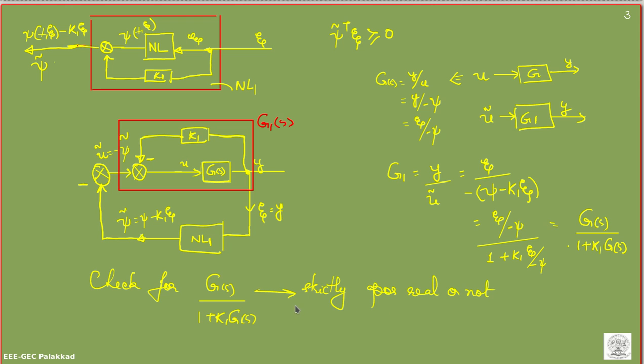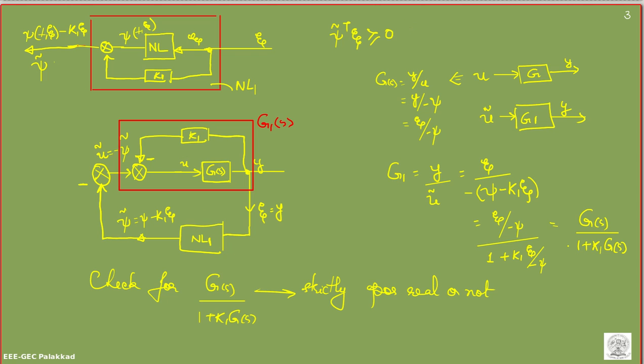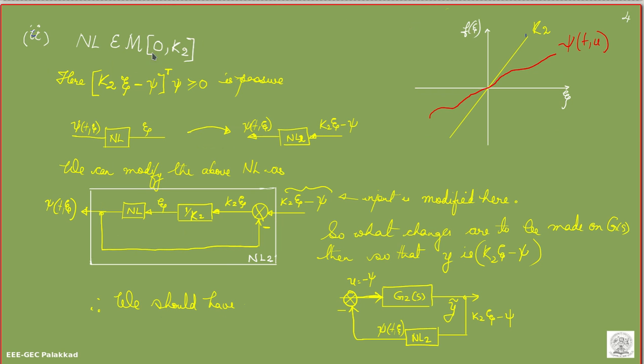Okay, so this is what happens if I have a nonlinearity in this sector. Now suppose I have a nonlinearity in another sector, within the 0 to k2 sector. This I have already done, so in a similar way we can proceed.